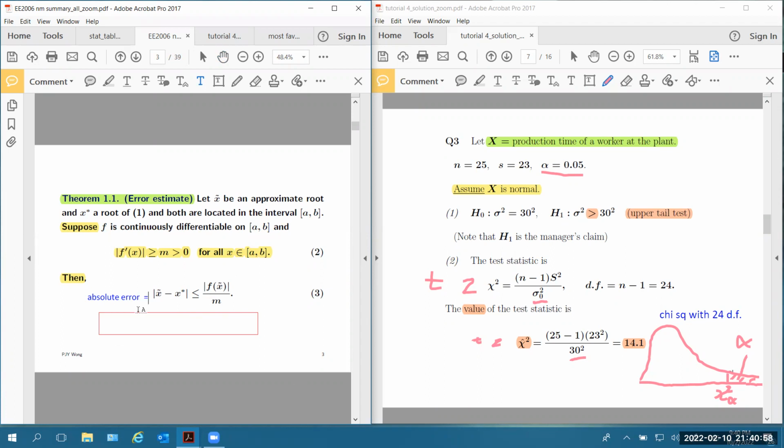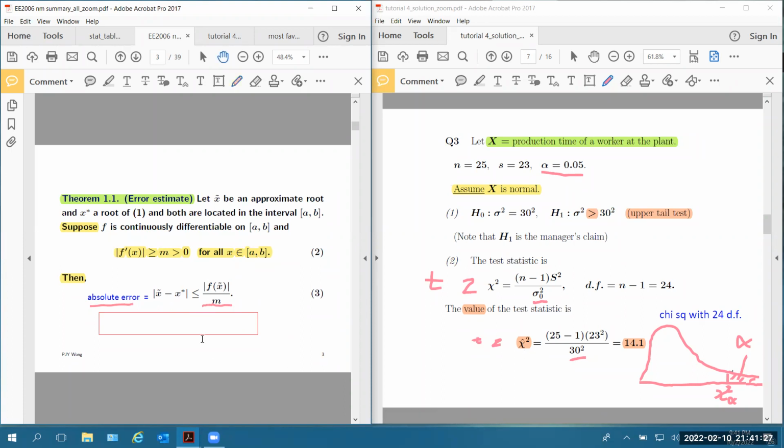So how big is the absolute error? The absolute error is less than or equal to this quantity. That's why this is called an error estimate. It tells you how big the absolute error is.